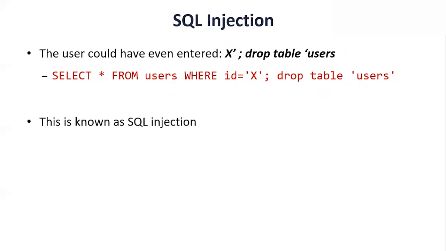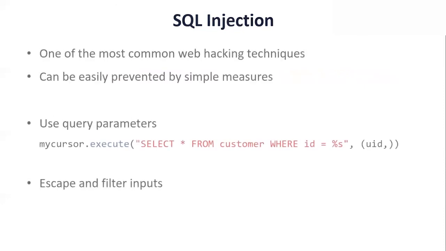That won't select anything from the users table unless there's an actual user ID X, but it will drop the table users. That will delete the entire users table from the database. This is known as SQL injection. It is one of the most common and simple hacking techniques, commonly used like 10-15 years ago, and it can be prevented by using simple measures.